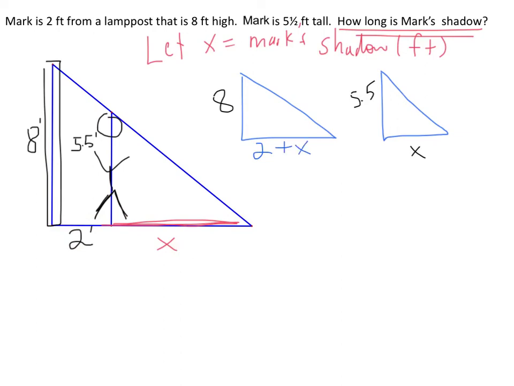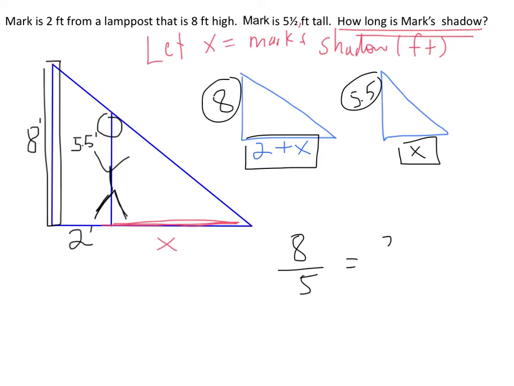Okay, so from here, we know we have similar triangles. We know the heights will correspond, and these distances on the ground will correspond. So we can do 8 over 5.5 equals 2 plus x over x. From here, if we cross multiply, we'll have 8 times x equal to 5.5 times, I'm going to group that 2 plus x together to remember to distribute.